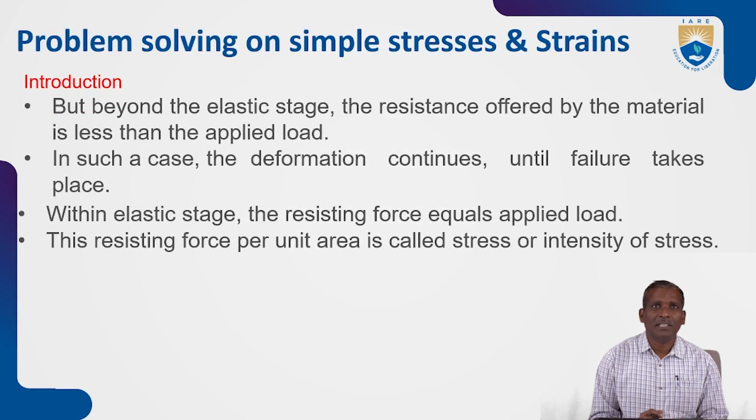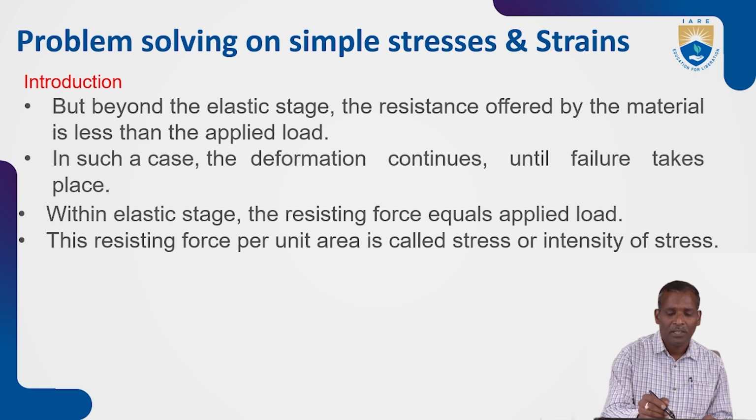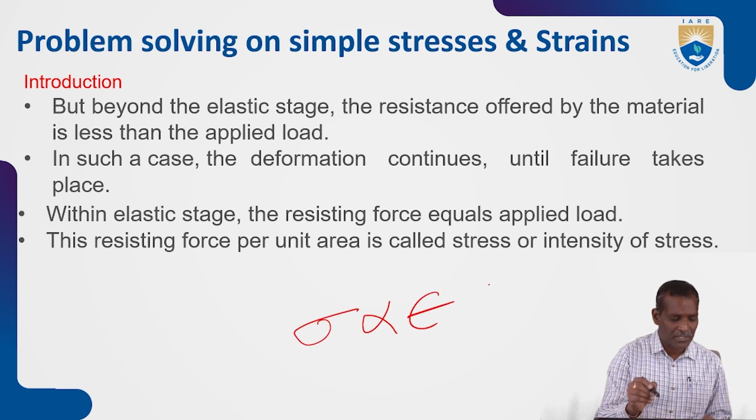Beyond the elastic stage, the resistance offered by the material is less than the applied load. In such a case, the deformation continues until failure takes place. You already know the stress strain relationship. According to Hooke's law, stress is directly proportional to strain.